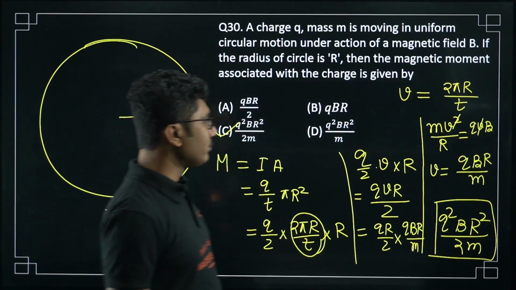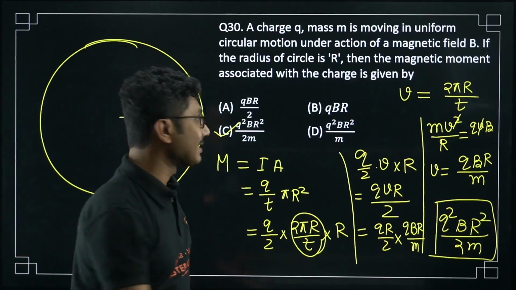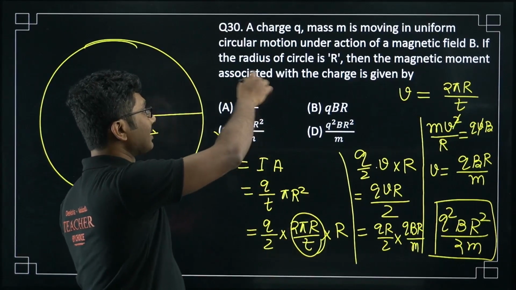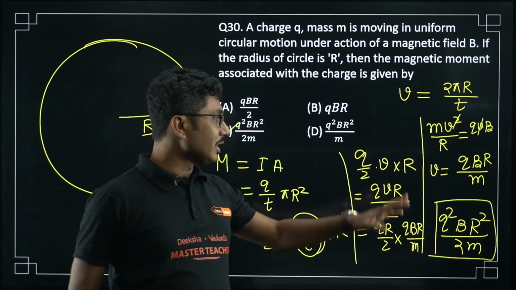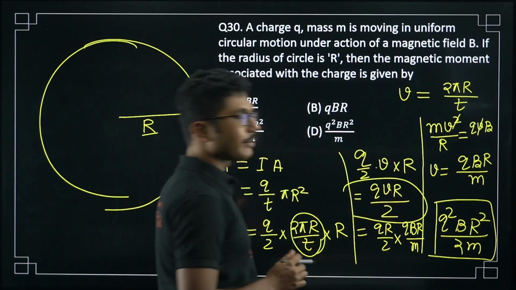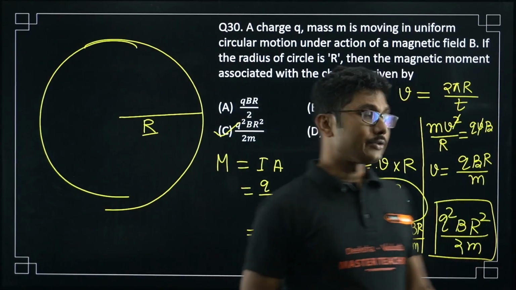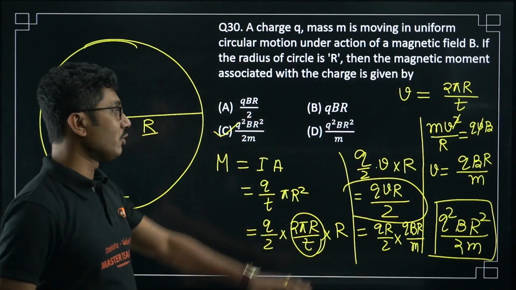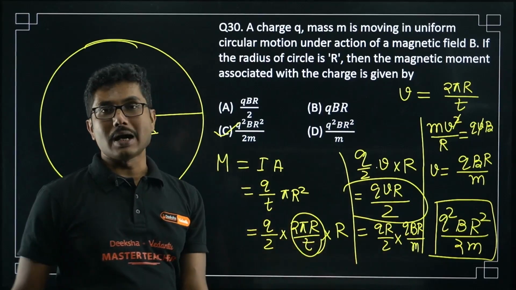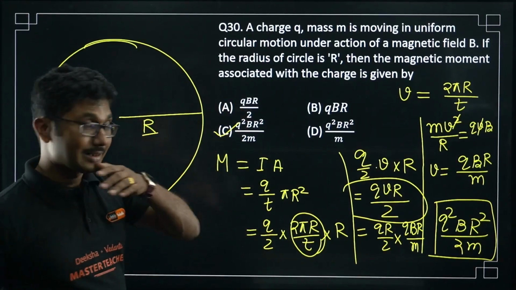So as I said, if you know the answer, you can answer it. Now there is a tendency that students by default answer this one, because it is very similar to this one. This q v r by 2 is a very common expression, especially in competitive exams. This question has come in the past, so students think, okay, q v r by 2, I remember that expression, so q v r by 2 is the answer, but actually not.